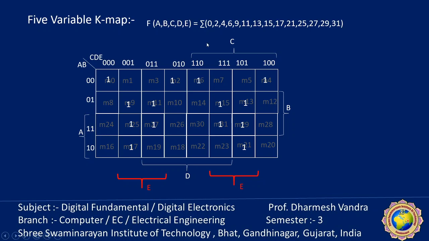So here we found 14 minterms present in the given function f.